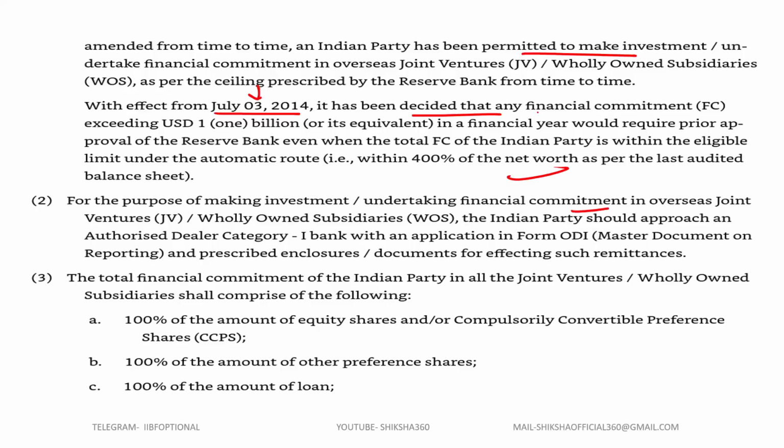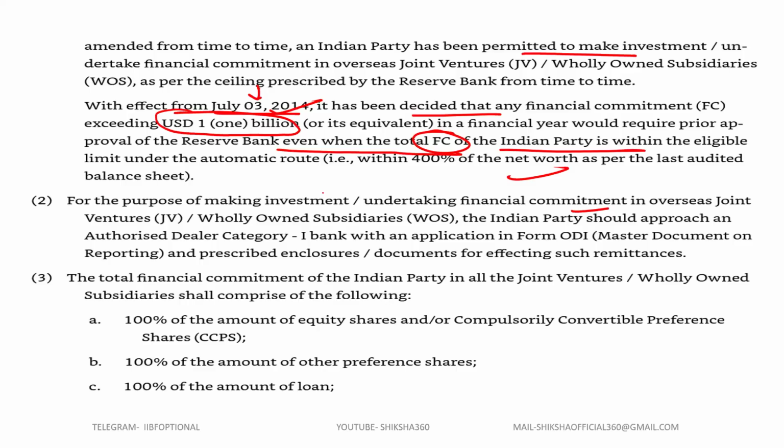Basically, it would require permission if the financial commitment exceeds the limit. But even when the total financial commitment of the Indian party is within the eligible limit, that is USD 1 billion, under the automatic route, that is within 400% of the net worth as per the latest audited balance sheet.